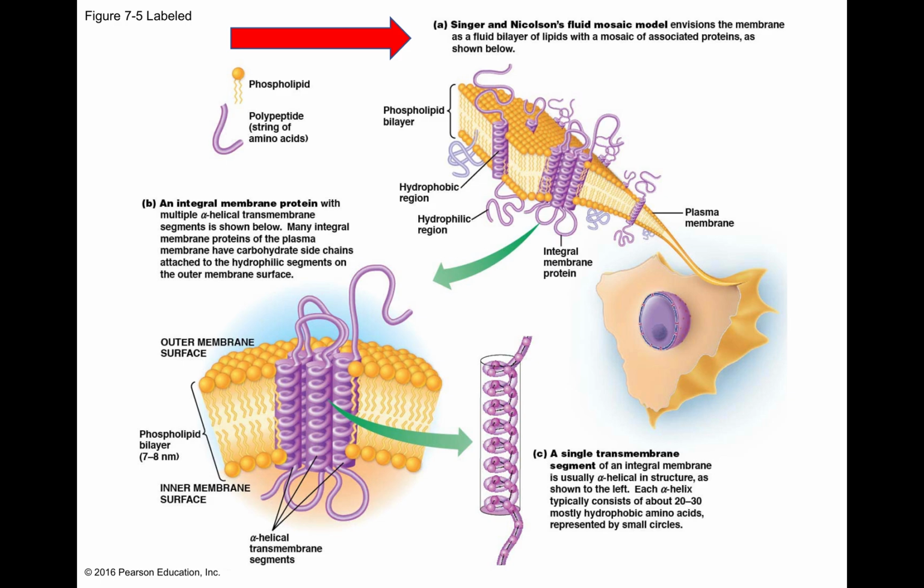But if you have about 20 or so hydrophobic amino acids in a row, that's a good clue that that may be crossing a membrane, because that's about the distance that is needed to cross most membranes. And therefore, you can get a sort of topographic map of where this protein crosses a membrane, if it is indeed a membrane-bound protein.